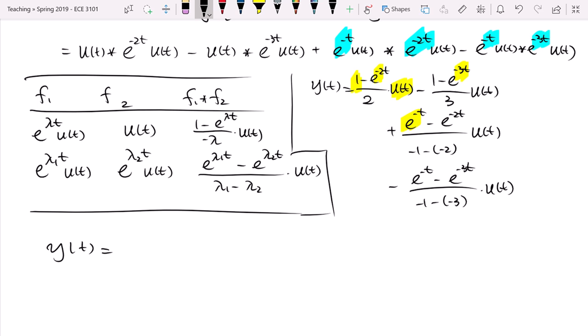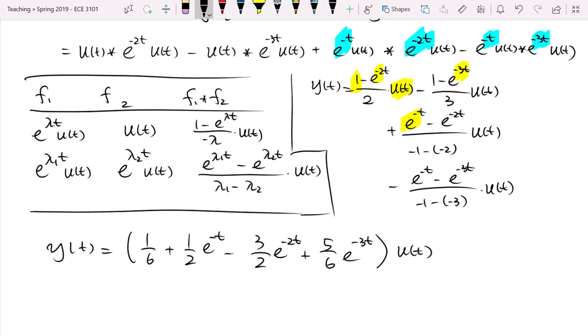So when you finish this, you'll find out that this will be equal to 1/6 plus half of e to the negative t minus 3 over 2 e to the negative 2t plus 5 over 6 e to the negative 3t. And don't forget about u of t. This will be the result, right?